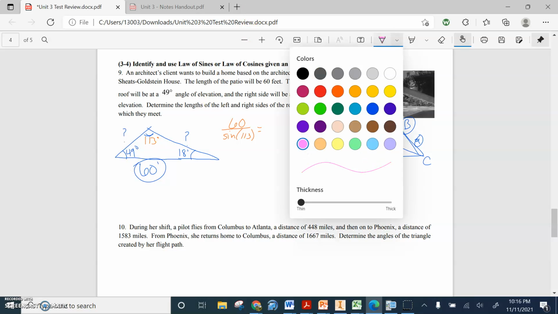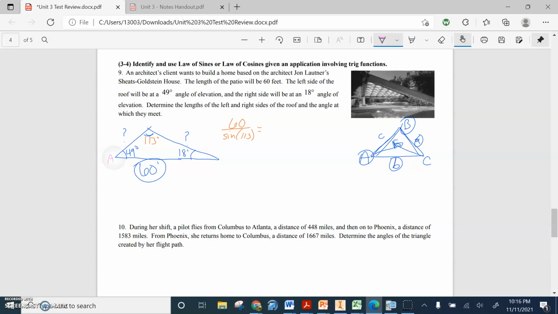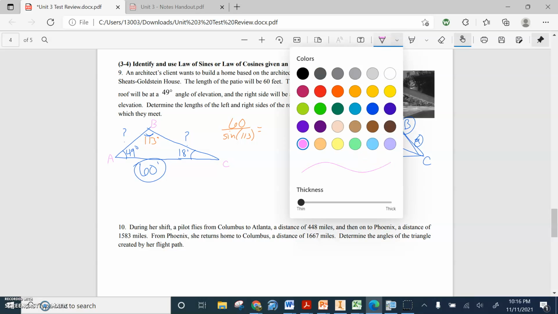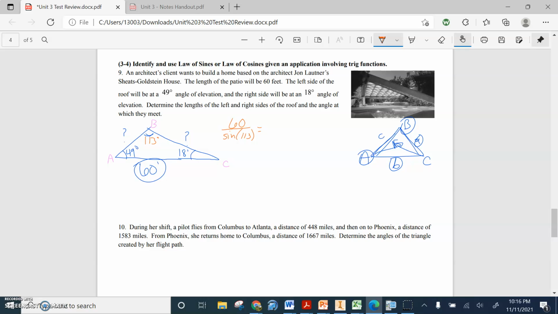We'll call these magenta, so we'll call those A, B, C. Why not, right? So going back to orange, we have, in this case, 60 and sine of that. That would be little b equals, and sine B is that.